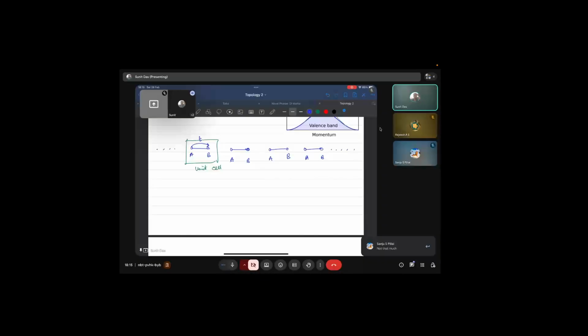Let me think about it. How much can I do? So, have you completed the condensed matter one course? Actually, this is a prerequisite, condensed matter one.